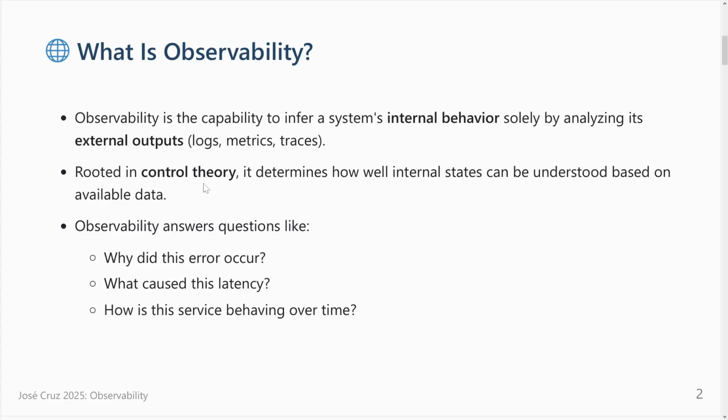So it's rooted in control theory. It determines how well internal states can be understood based on available data. It's like being a scientist who wants to check what's happening inside, say, quantum theory, which is quite interesting because you cannot observe it without altering the system.